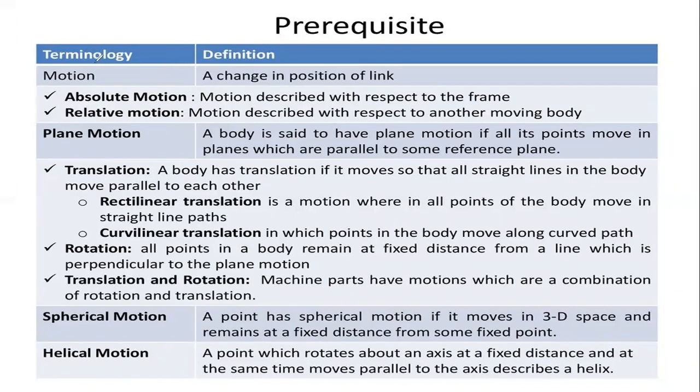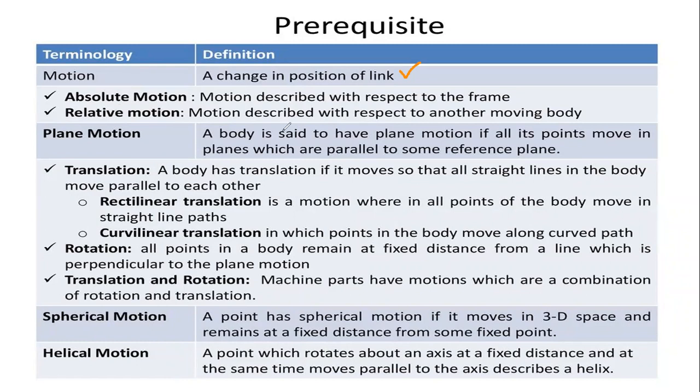A motion is defined as a change in position of a link. In this motion, we have got two types of motion. First one is the absolute motion and second one is the relative motion.